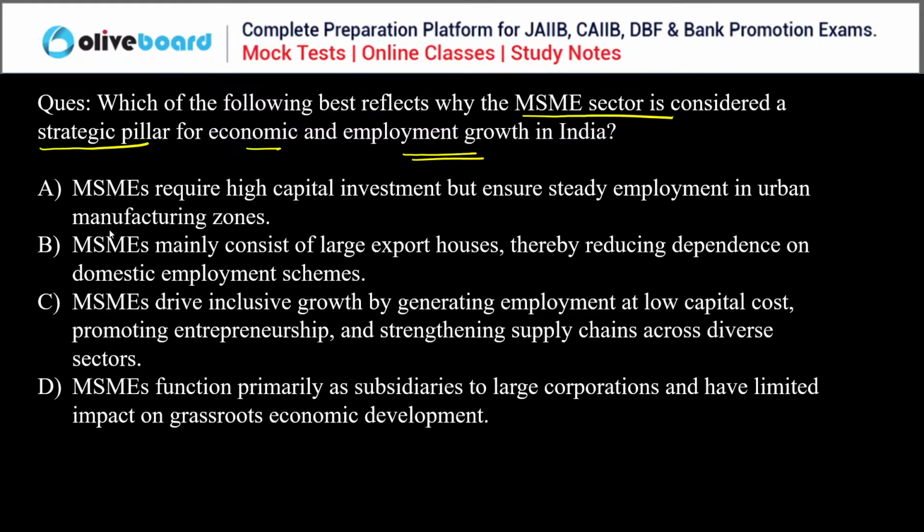First, MSMEs require high capital investment but ensure steady employment in urban manufacturing zones. Second, MSMEs mainly consist of large export houses, thereby reducing dependence on domestic employment schemes. Third, MSMEs drive inclusive growth by generating employment at low capital cost, promoting entrepreneurship and strengthening supply chains across diverse sectors. Fourth, MSMEs primarily function as subsidiaries to large corporations and have limited impact on grassroots economic development.